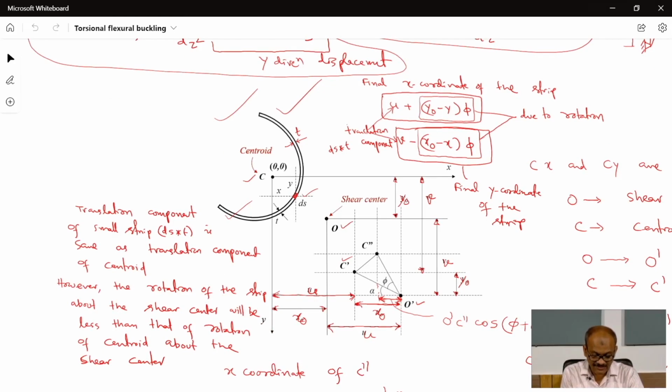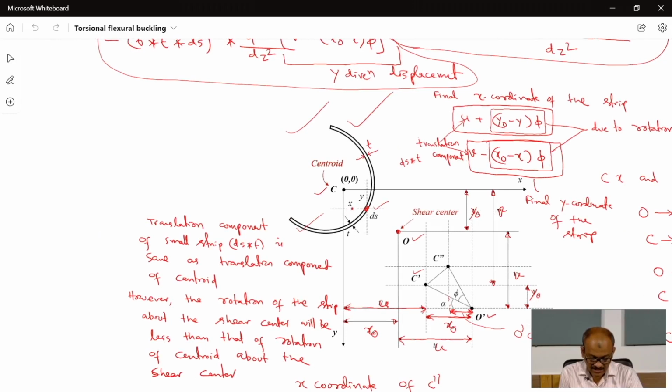So, that fictitious load, what will it do? It will try to rotate about the shear center. If in the x direction the load is acting like this, that will try to rotate about the shear center. It will be a clockwise moment, and in the y direction, if there is a fictitious lateral load acting like this, that will give an anti-clockwise rotation.